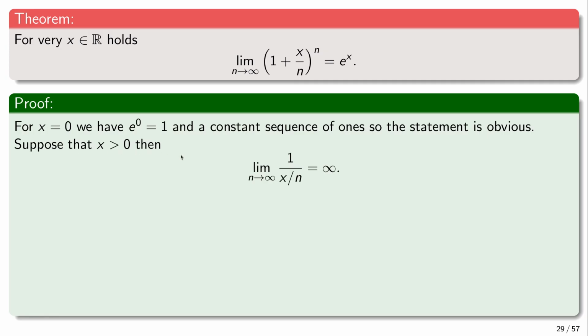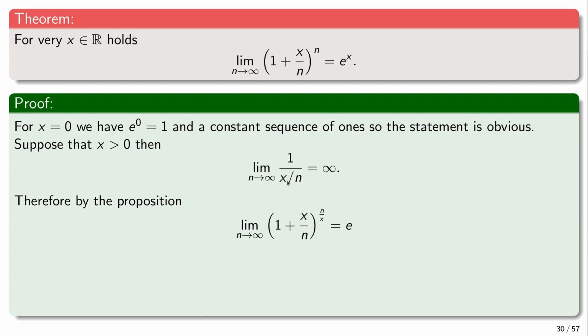Now for positive x, what we have is that x over n, if you look at the sequence, those are positive values by our assumption. So x over n are those positive values which tend to 0. Therefore, this sequence converges to infinity, right? And then by the previous proposition, now it's a sequence of real numbers.